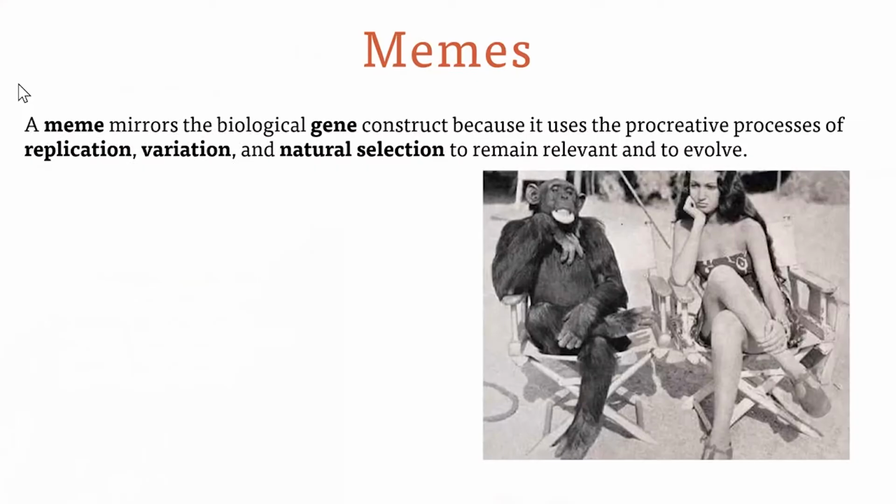Now, memes mirror the biological gene construct because they use this procreative process that we consider to be replication, variation, and natural selection. It's very Darwinian in nature. And when we think about some of our philosophies that are Darwinian privileging, memes would find a place there.